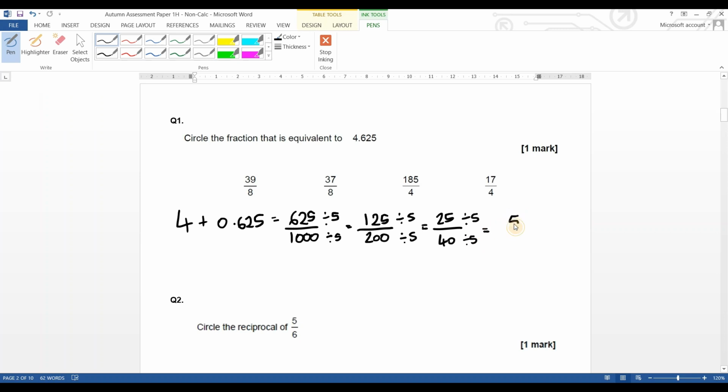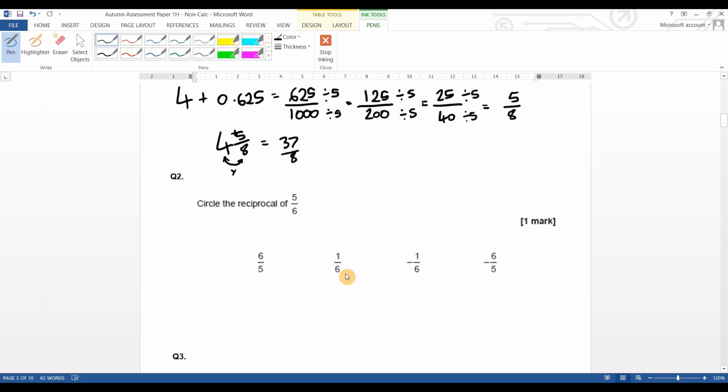That's going to be 5 over 8. So technically it's 4 and 5/8. So top heavy, what would that be? You'd multiply these two together. So 4 times 8 is 32, plus 5 gives you 37 over 8, which is going to be this one. Yep, so that's your answer.